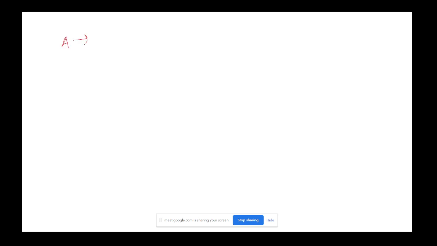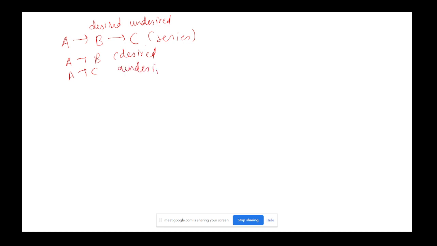Say for example, A gives B gives C. It can be of this type also. This is nothing but a series reaction. Or it can be of type A gives B and A also gives C. Now here, if this is desired, this is undesired.